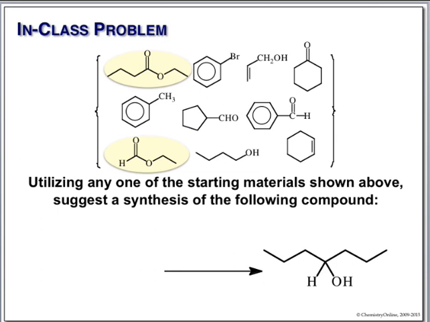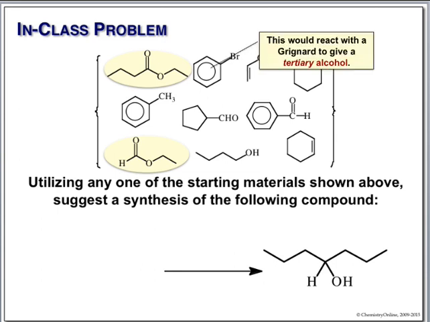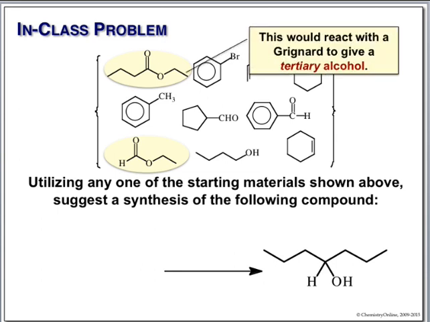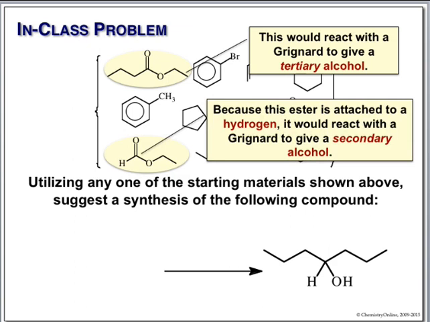So what you have to do is to realize that because this gives a tertiary alcohol, this is also a carboxylate ester, but the group that's on this side of the carbonyl is a hydrogen. We have hydrogen here, and we have two pieces that could have come from a Grignard.